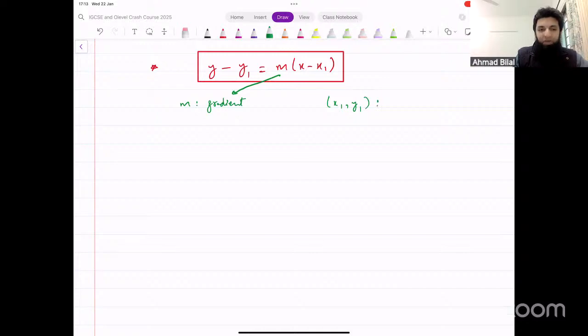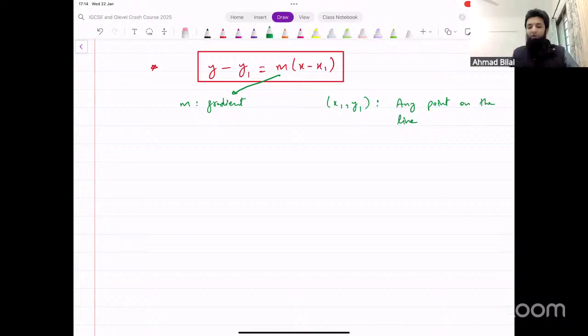In the previous form, we needed c, which was the y-intercept in particular. But in this form, x1, y1 basically means any point on the line. That means the point that we have does not necessarily have to be the y-intercept anymore. If we have any point, we can write down the equation directly.